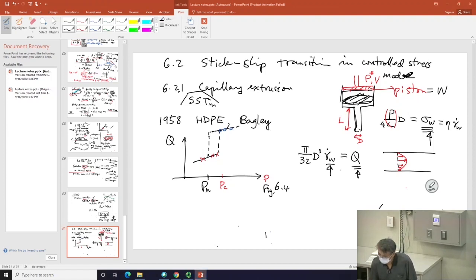Basically, this is a feature of hysteresis.